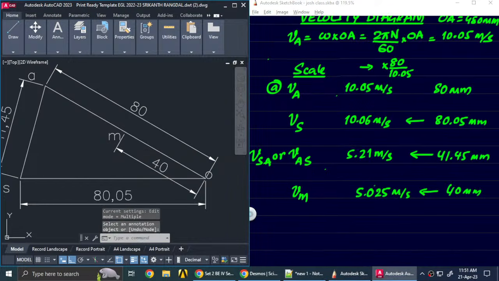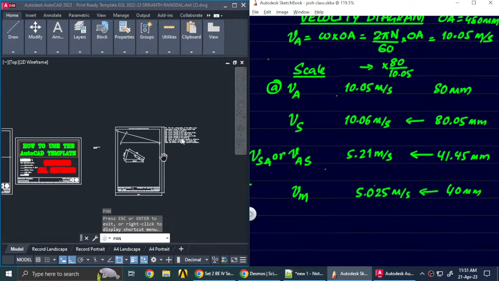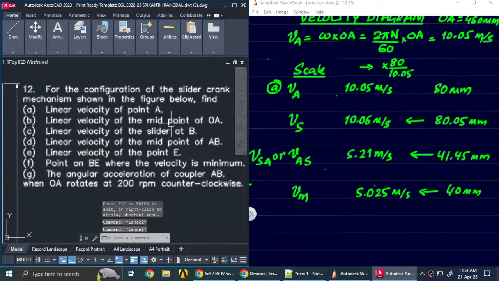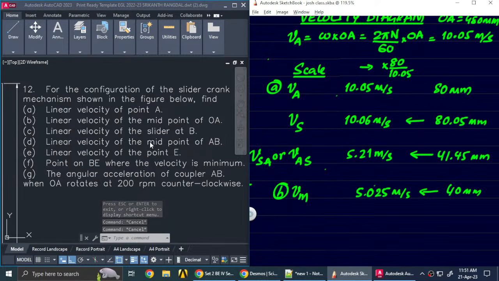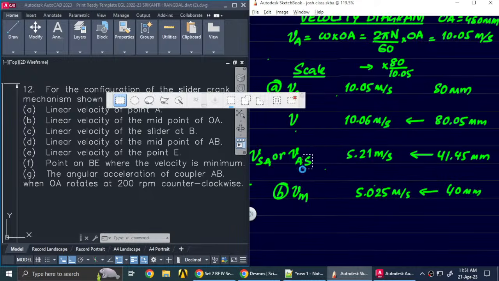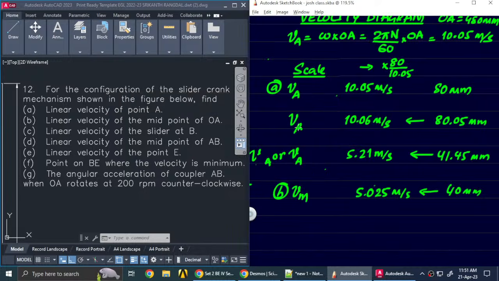Next, we've been asked to find, okay, so the first part we have found, and then the linear velocity of B. I've written this as slider, it's actually B. So that's the velocity of B. So this is the C bit, and then the D bit is asking the velocity of the midpoint of AB.